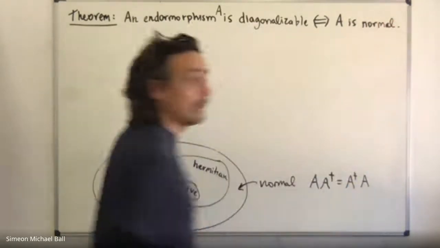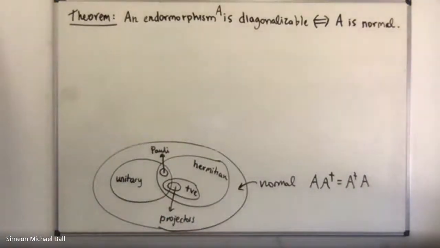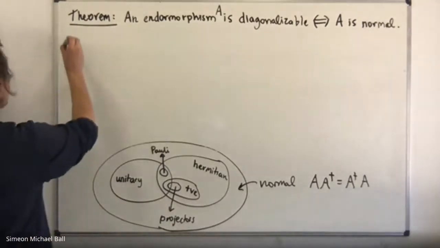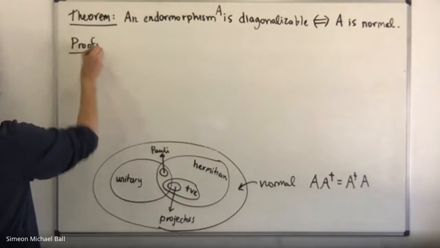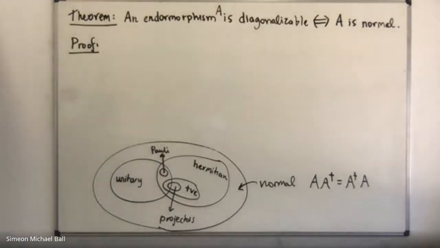And it is that if you are inside this set, you are diagonalizable, and if you're diagonalizable, you are inside the set. Right, should just about have enough time to prove this.